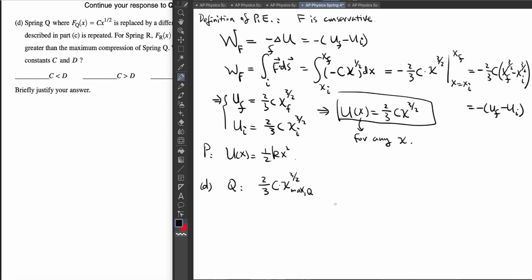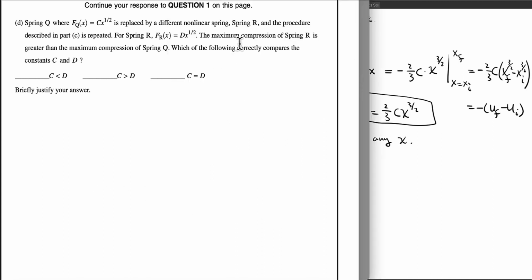That will be equal to spring R, which should have a similar expression with x max R. They should be equal. That's an important thing. And then we already know that spring R has a greater compression.